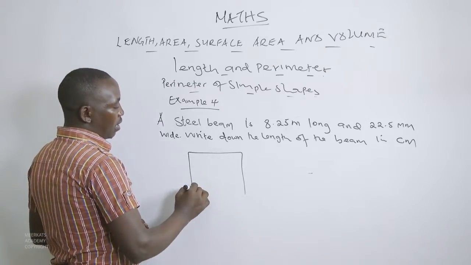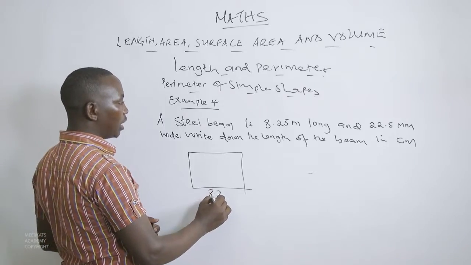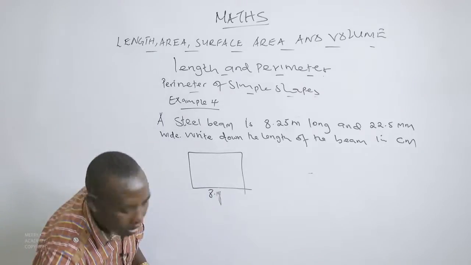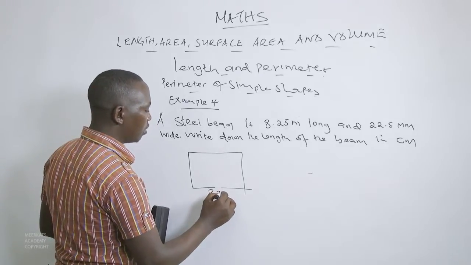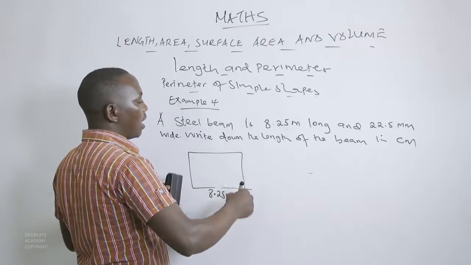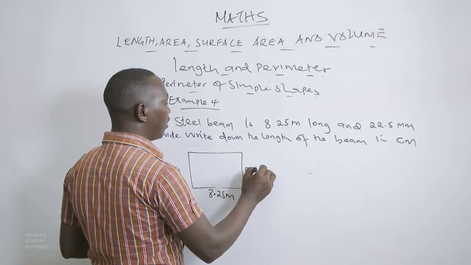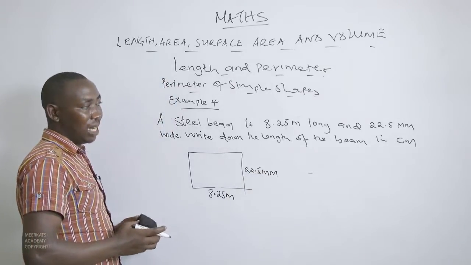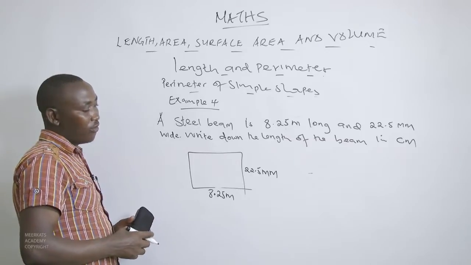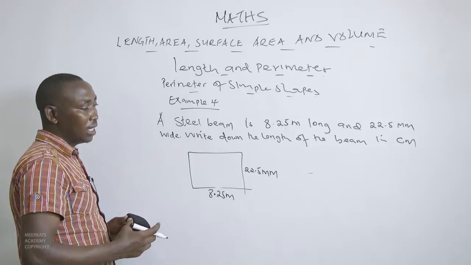So this could be our steel beam. We have been told it is 8.25 meters long, and in terms of width it is 22.5 millimeters. We are supposed to convert all these measurements into centimeters.